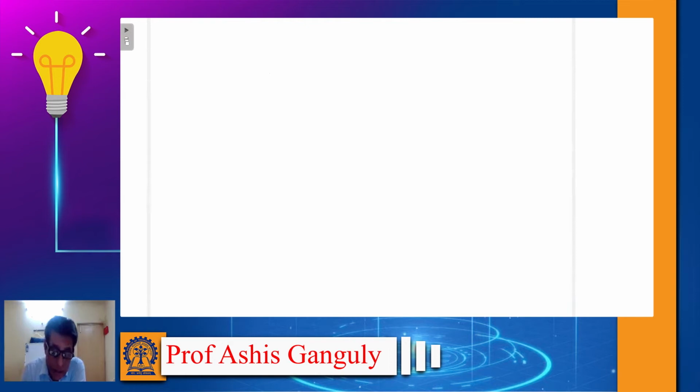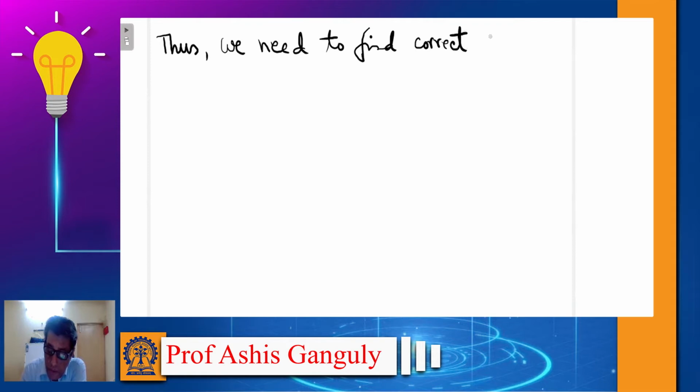I am writing on the next page. Thus, we need to find the correct phi 2, let's say phi 2 of v for v less than 0. How can we do that? Boundary condition.